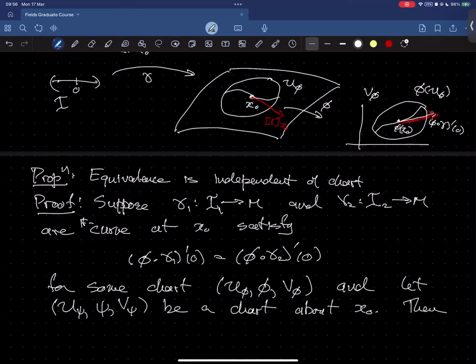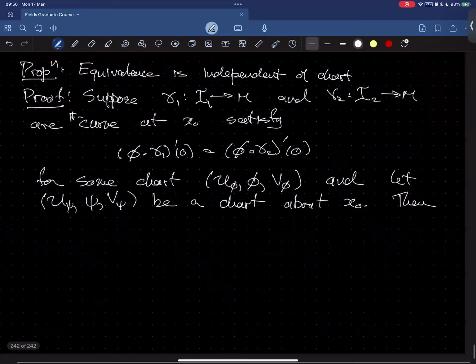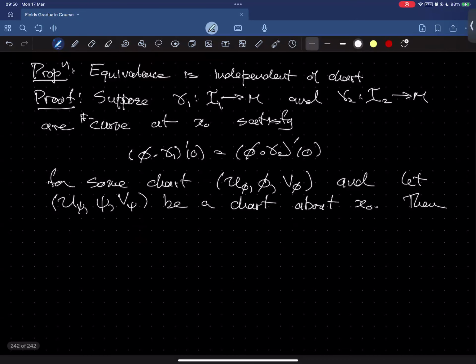Essentially what I want to do is prove that this relation holds not just for phi, but for psi. So then psi composed with gamma a, where a can be 1 or 2.